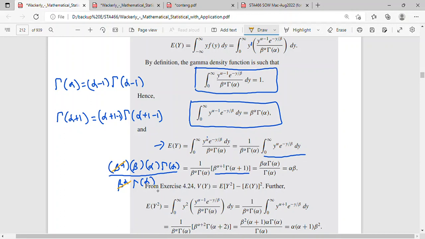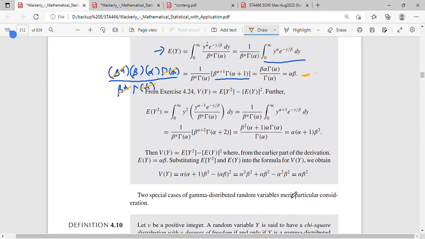This part can be eliminated. So what remains is beta alpha. Okay, beta multiply alpha. Alright.